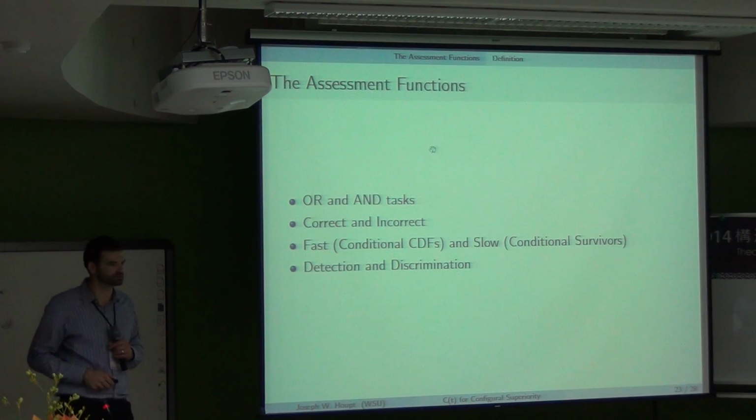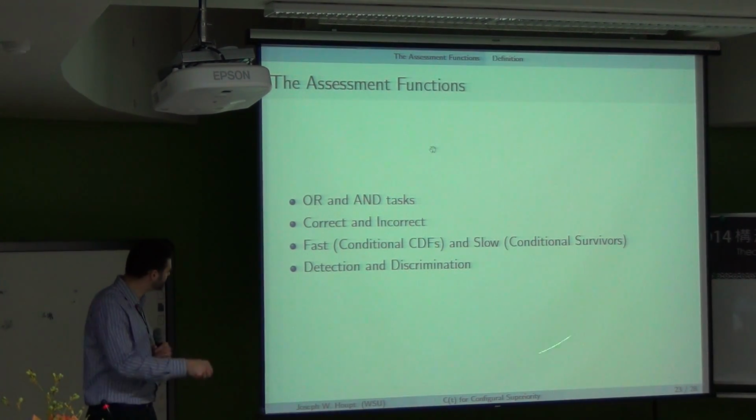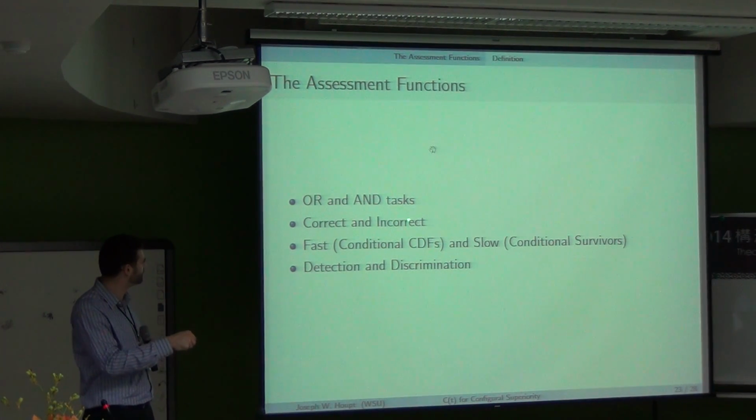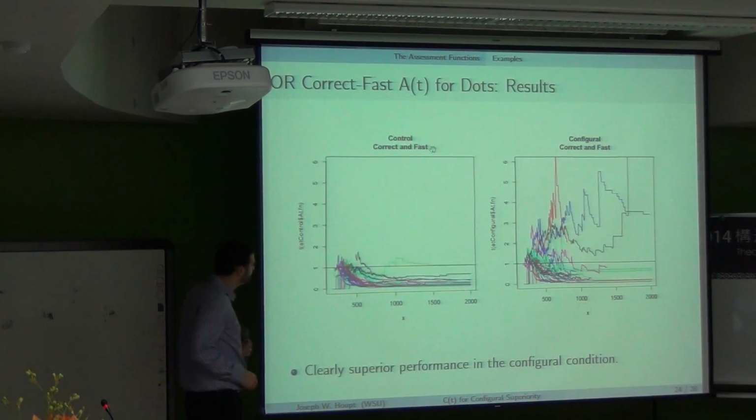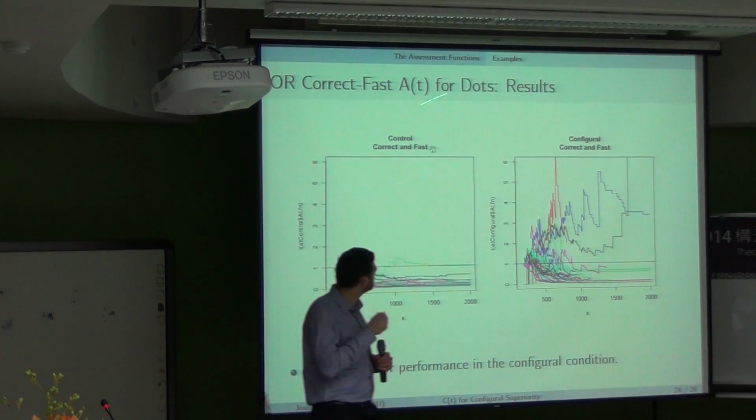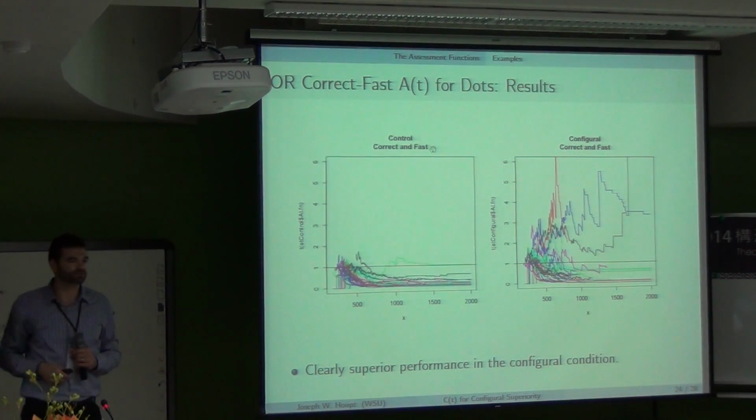It's a little bit different from the discrimination task. But there are all of these different versions you can say: do an OR, incorrect, fast discrimination, or an AND, correct, slow, detection. All of those versions are out there on the R package. So we can just take them and basically drop them on top of those results.